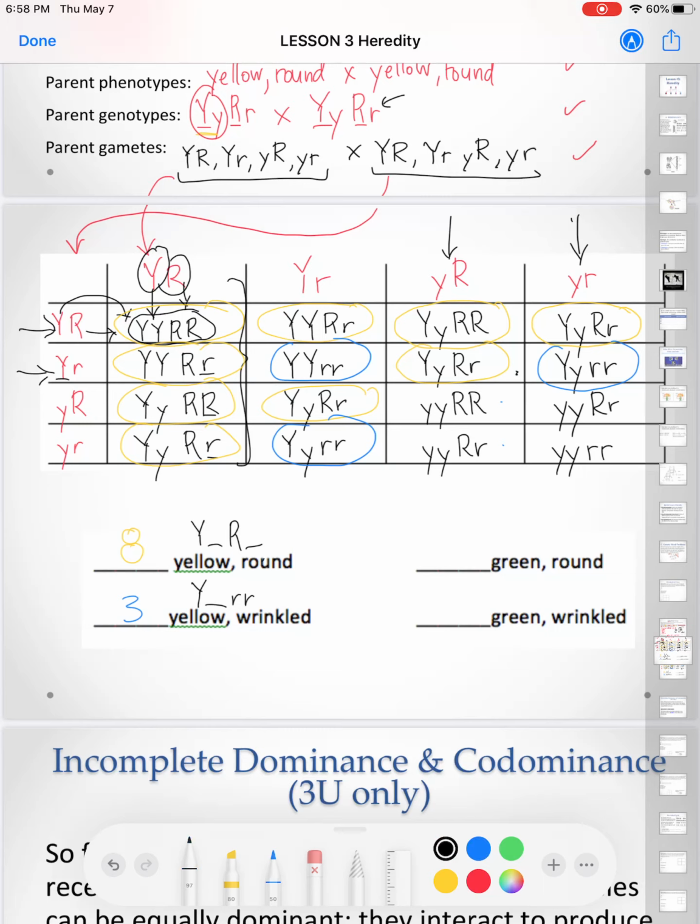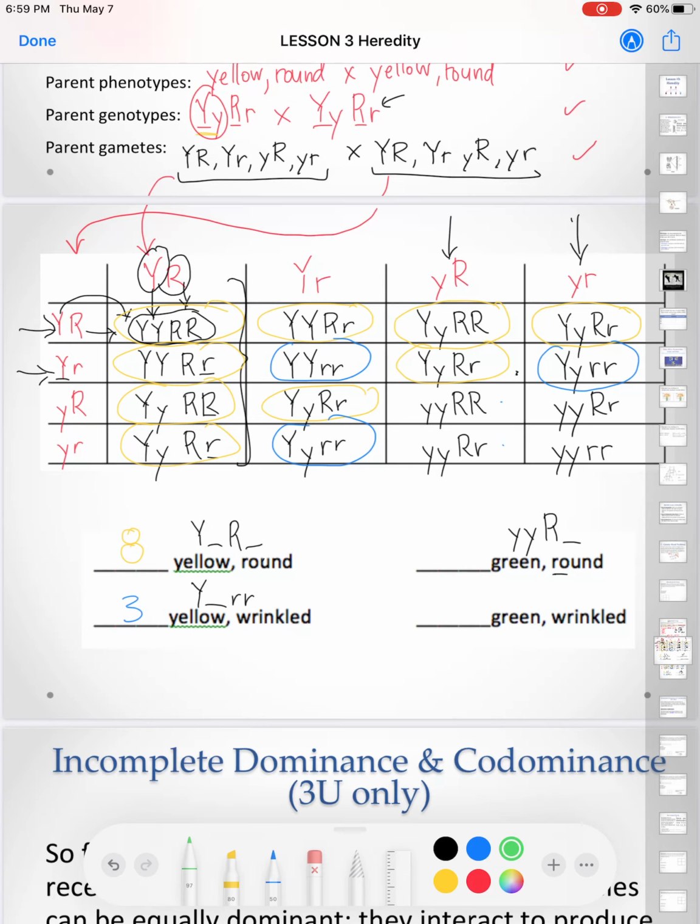Then we have green. So to be green is recessive. This is the recessive phenotype. So we have to have 2 small Y's, but round is dominant, so it has to have at least one dominant R. The second one doesn't matter because of the law of dominance. So let's take a look at these green ones that are green and round.